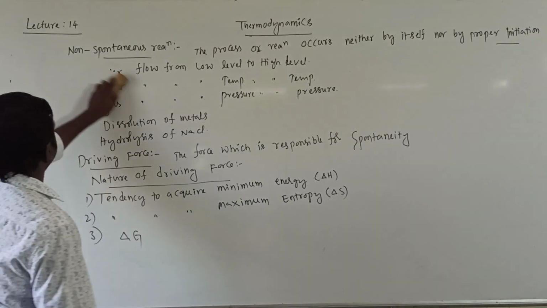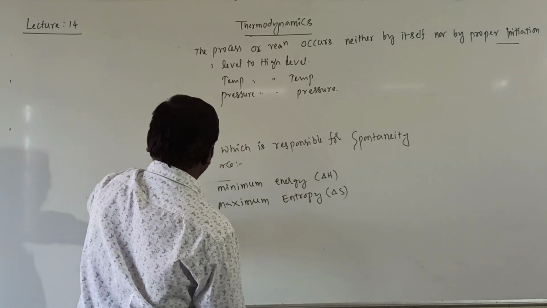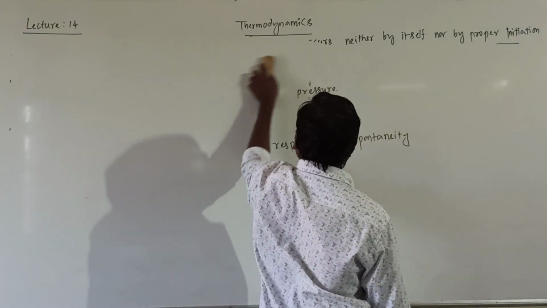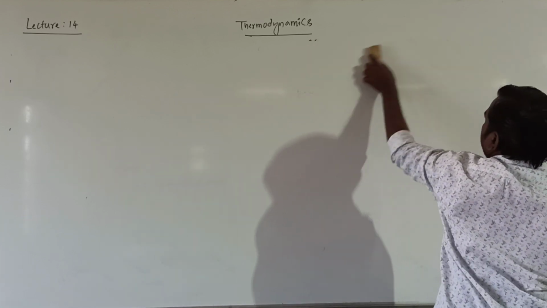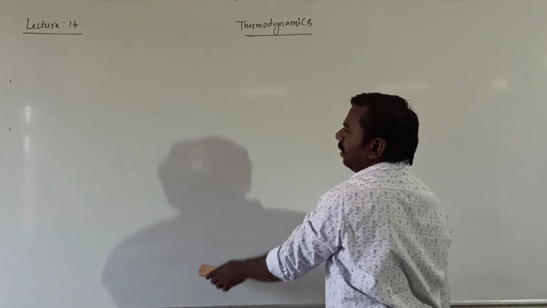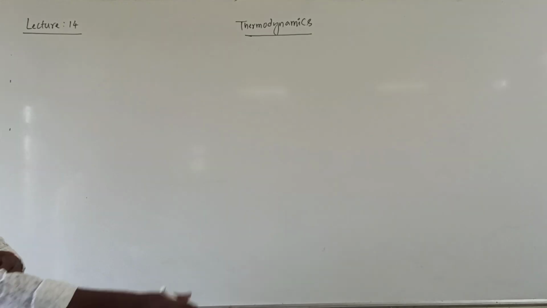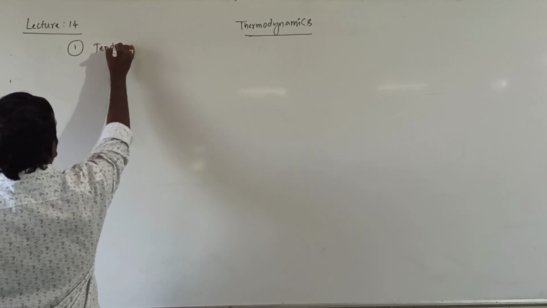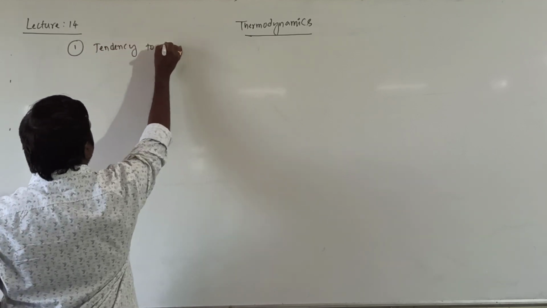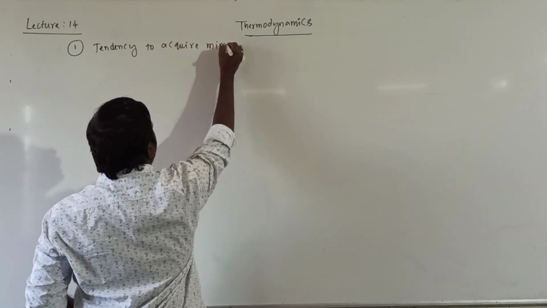First one is delta H. First one, tendency to acquire minimum energy.